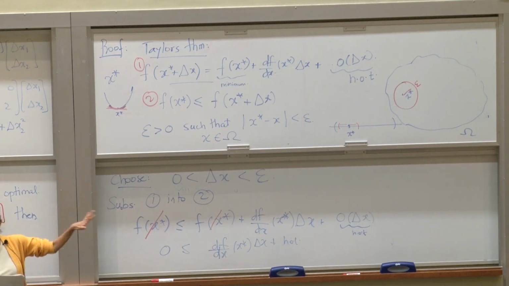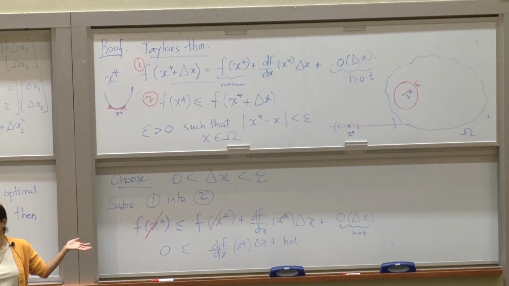Now I'm going to divide both sides of this by delta x. Delta x is a positive quantity, right? So I can divide both sides by this quantity. Nothing should change.